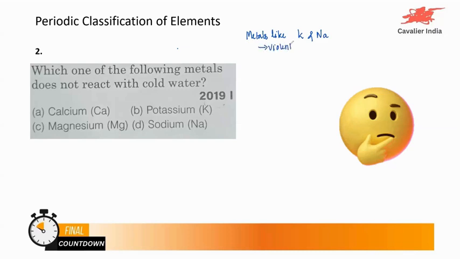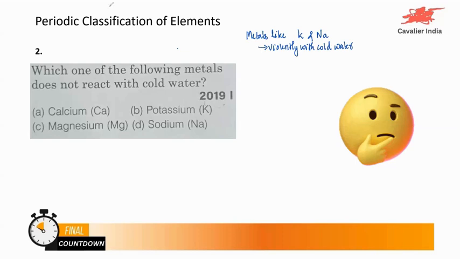The reaction is exothermic, and hydrogen gas is evolved, which catches fire immediately. But the reaction of calcium with water is less violent, and the heat evolved is not sufficient to catch fire.